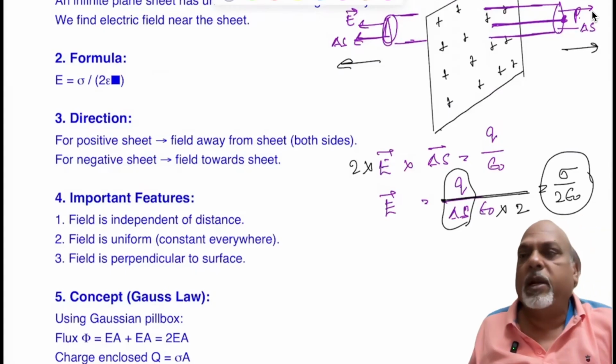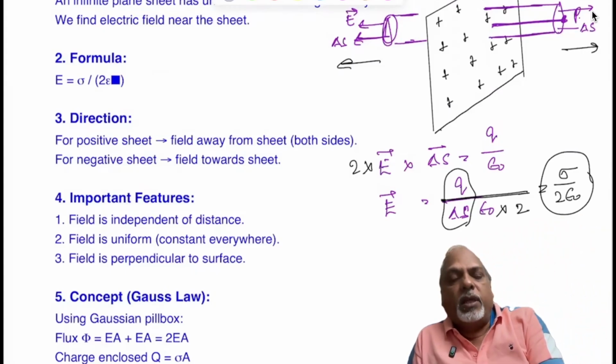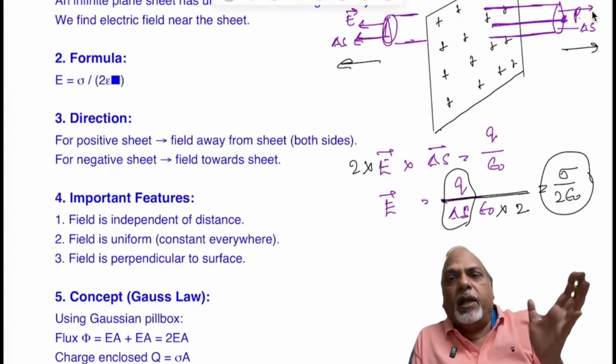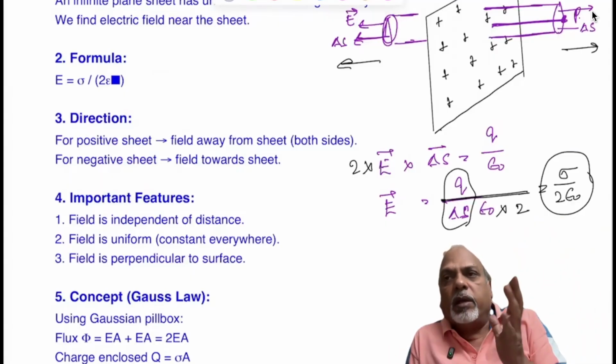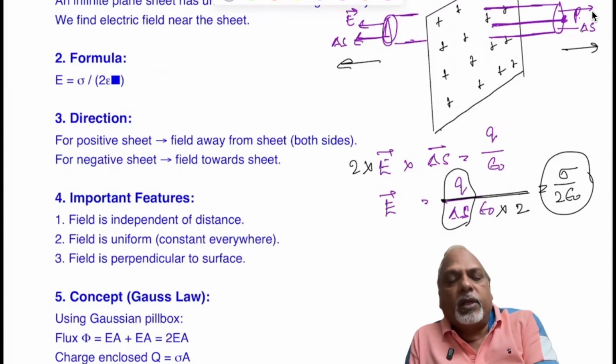It is not dependent on the distance r. So due to the infinitely long plane sheet, the electric field is uniform and the value is basically sigma upon 2 epsilon 0. Correct?